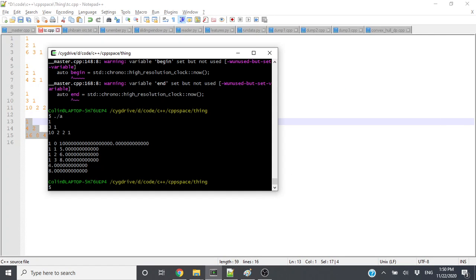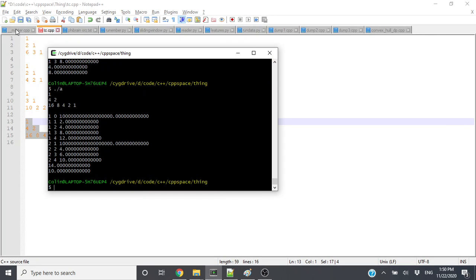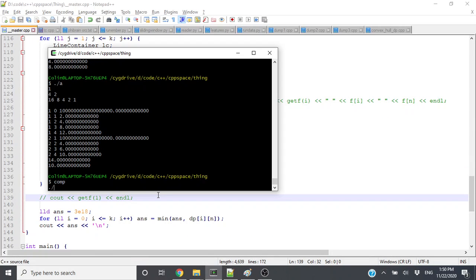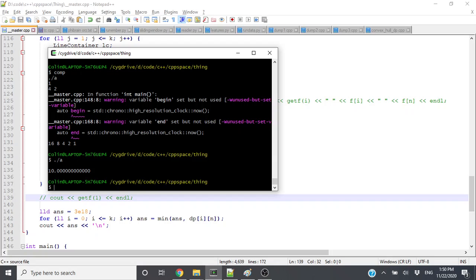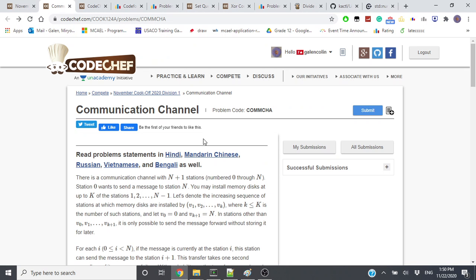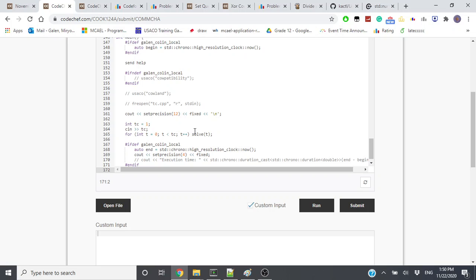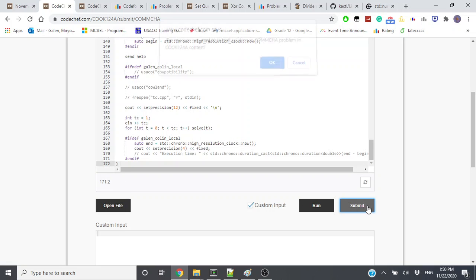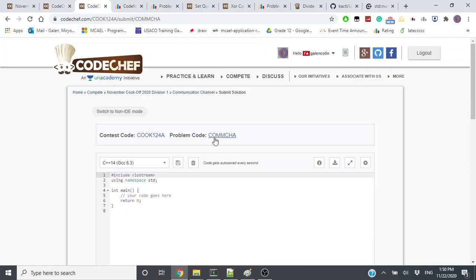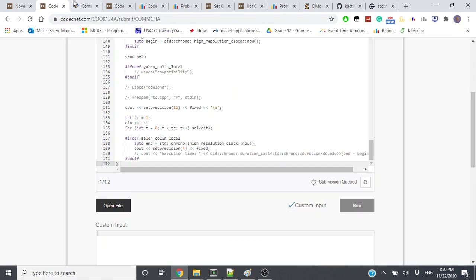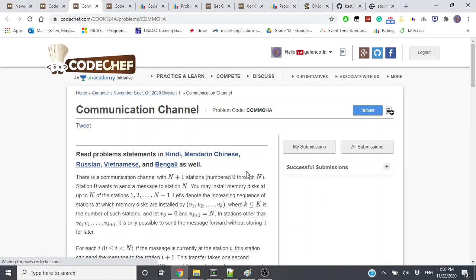And this should be 10. Okay. Well, seems like it works for small cases. I'm not sure if it would work for the bigger ones. I mean, the problem is not visible. It's still going on.